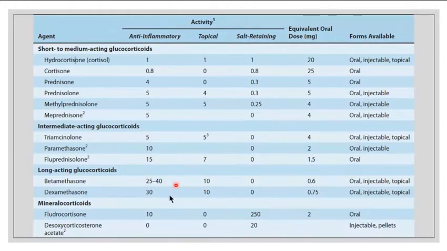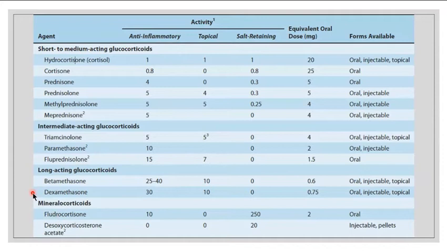The potency of betamethasone varies from 25 to 40, which makes it a question for MCQ lovers. That is, which is the most potent glucocorticoid? 30 lies in the range between 25 to 40.